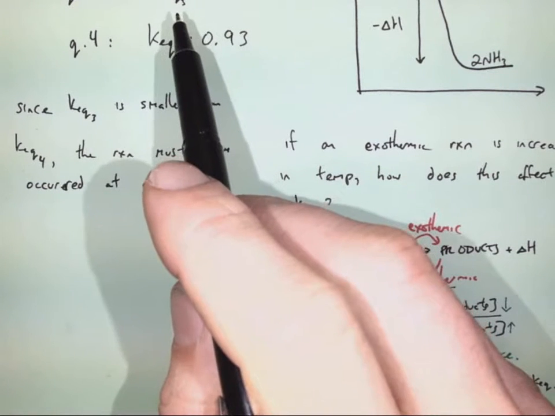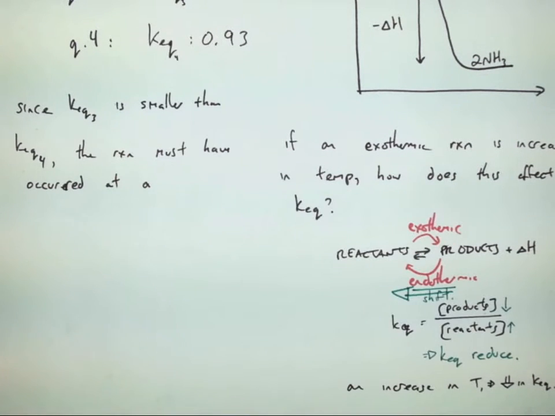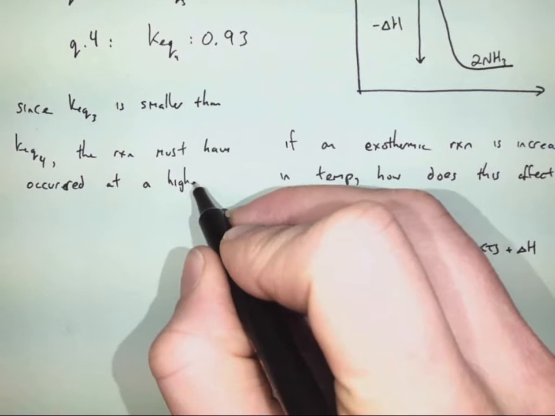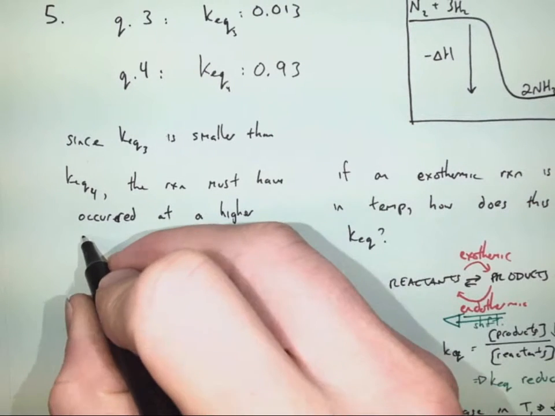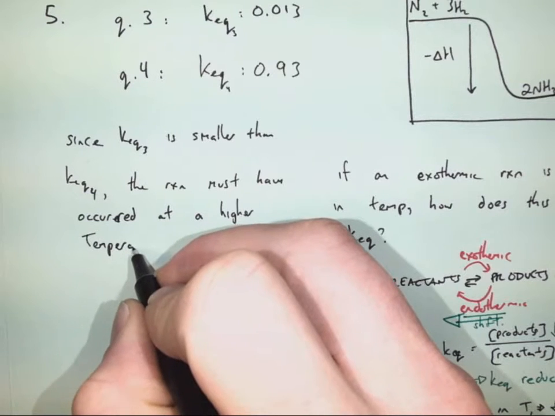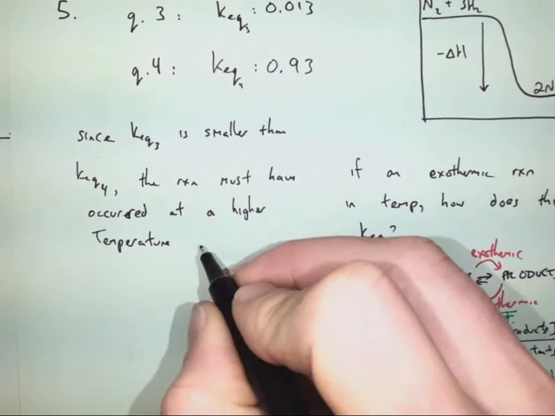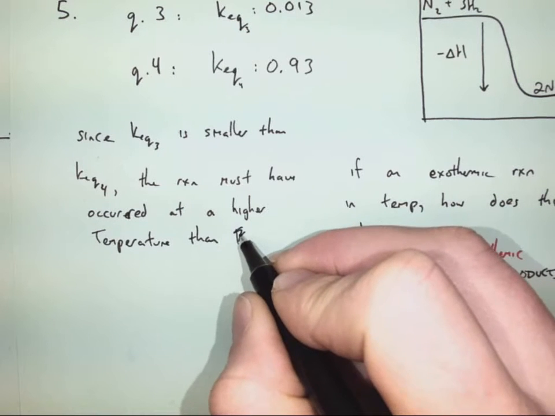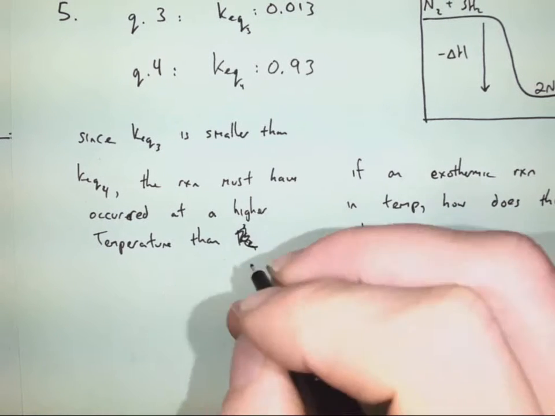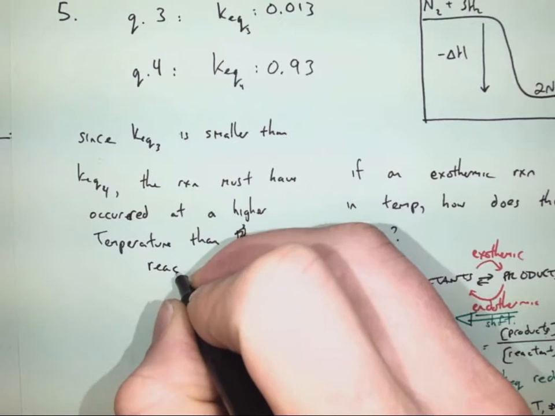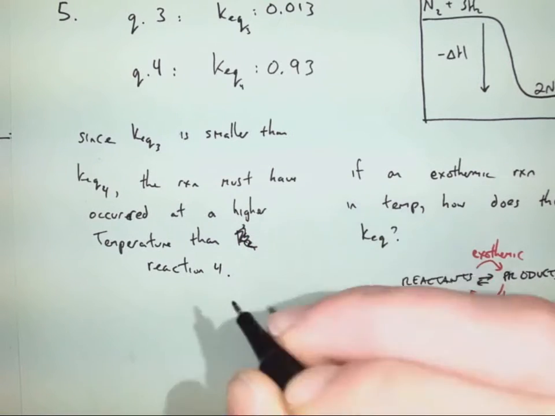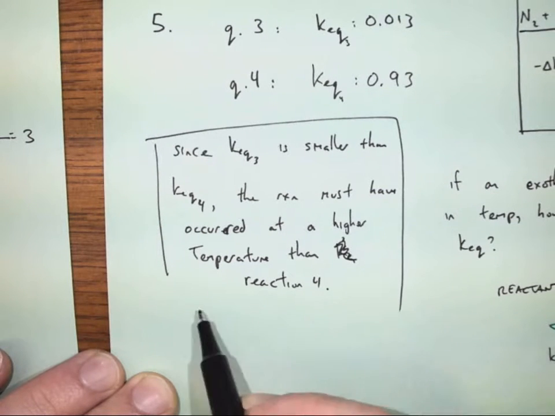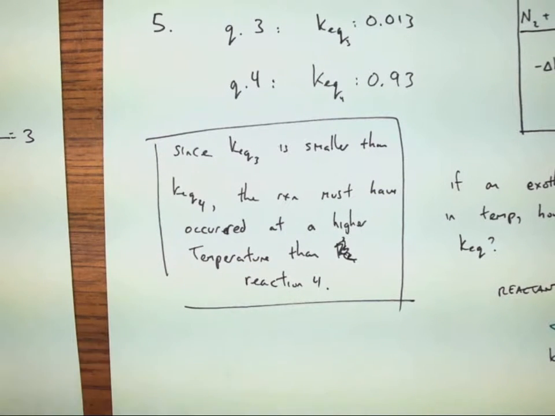So that means this reaction with the smaller KEQ must have occurred at a higher temperature than KEQ4, than reaction 4. And that is a pretty challenging question, I think.